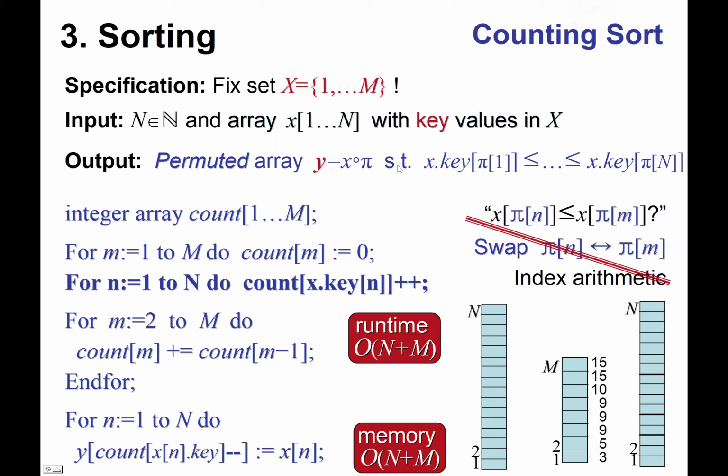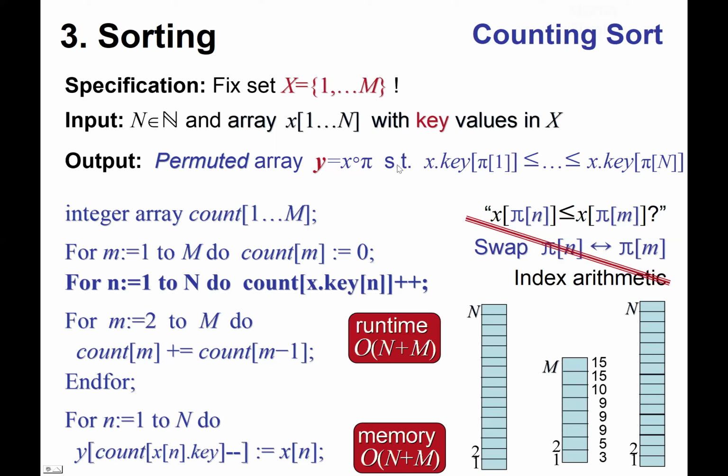By counting, that means charging just one operation for each operation, regardless of the number of bits used for each operation. Whereas a more refined analysis also takes into account the number of bits used and operated on in each operation. And let's do that also for counting sort explicitly.